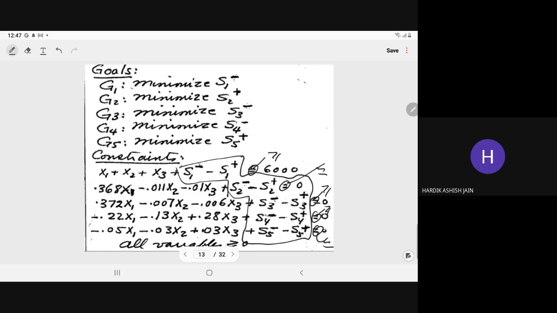These are the goal constraints. There is no decision constraint. Now we want the least deviation from the objective.